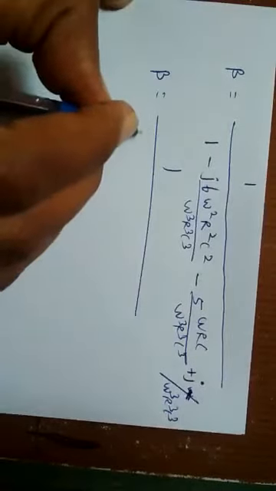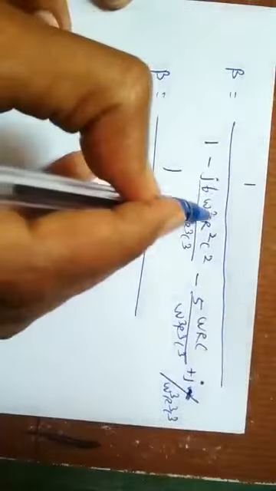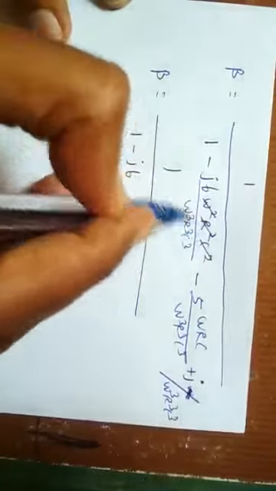And again beta becomes 1 by 1 minus j into 6 into, here omega squared R squared C squared, so the square will be cancelled.